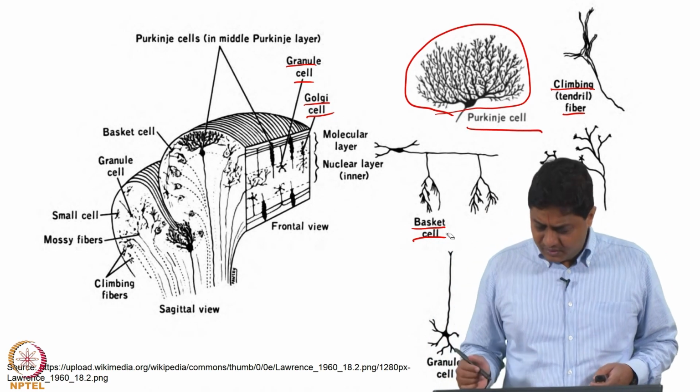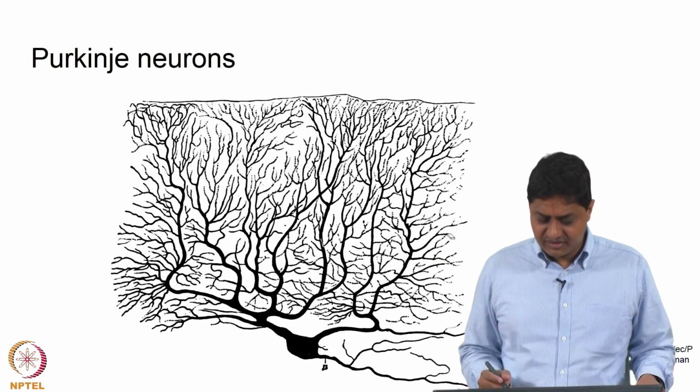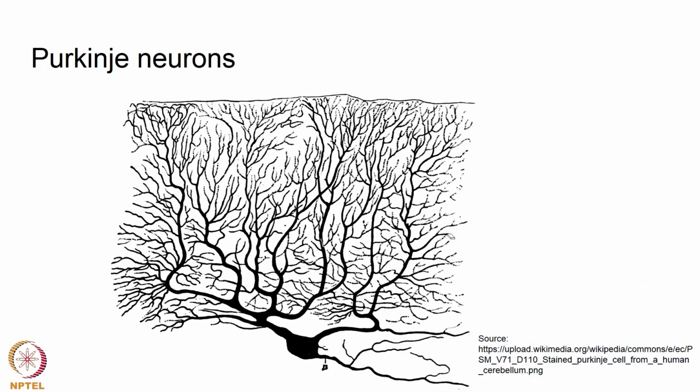So, one more time, here is the view of the Purkinje cells, right. Their cell body is in the Purkinje layer, their axon is going to the granular layer, the granule cell layer, and their dendrites are in the molecular layer.